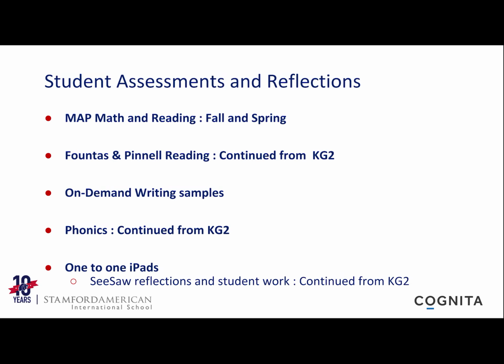Fountas and Pinnell reading, just as they did in KG2, these are the running records that the students will take 3 times in a year, reading to the teacher, and that is to assess their reading fluency and comprehension.